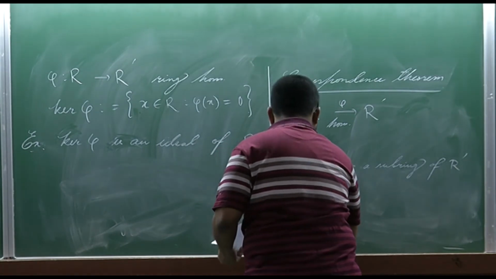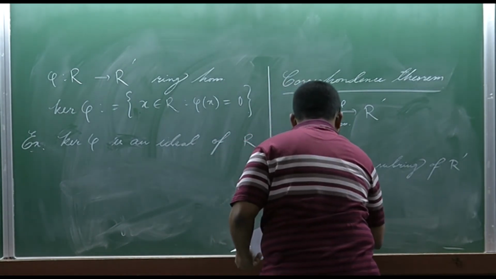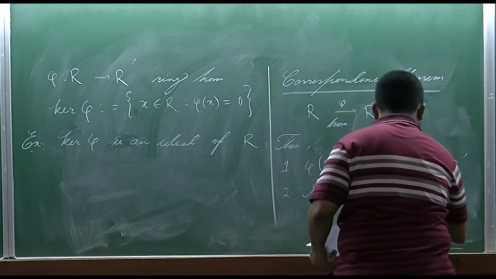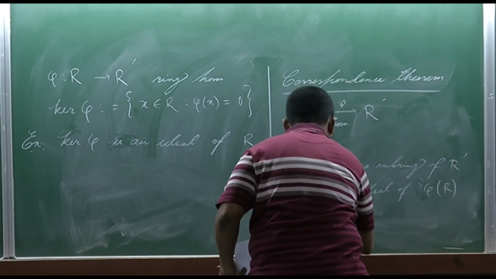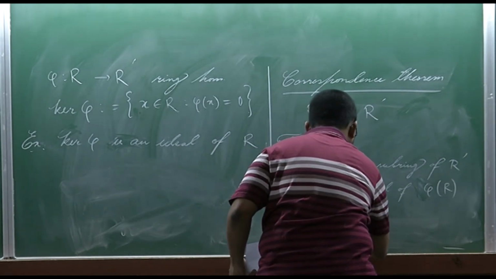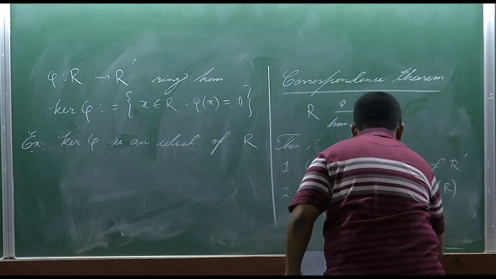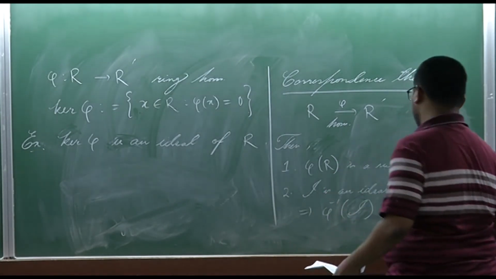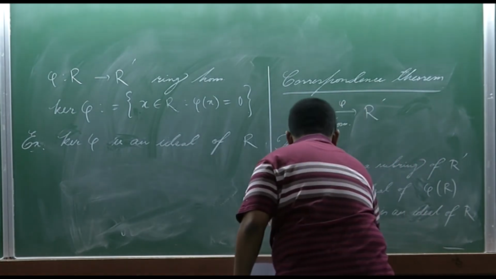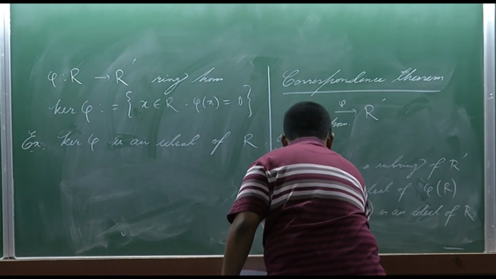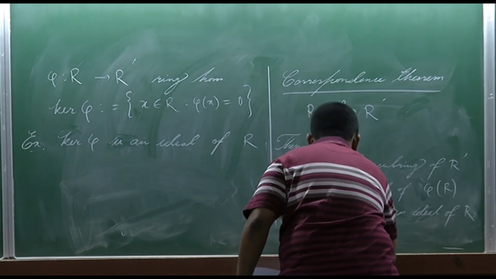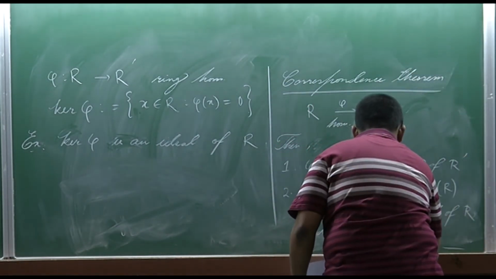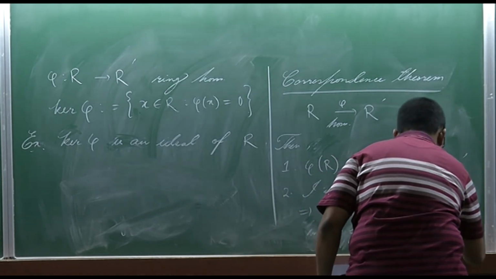So, if I is an ideal of phi(R), then phi inverse of I is an ideal of R. Furthermore, it contains the kernel of phi.